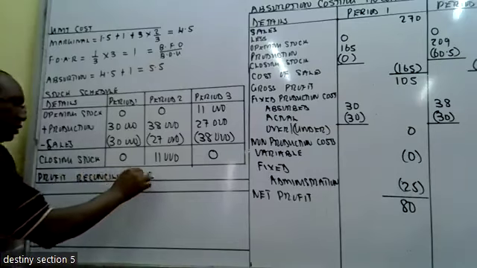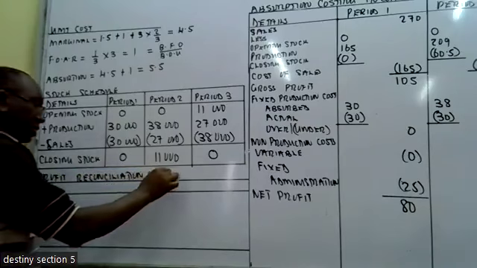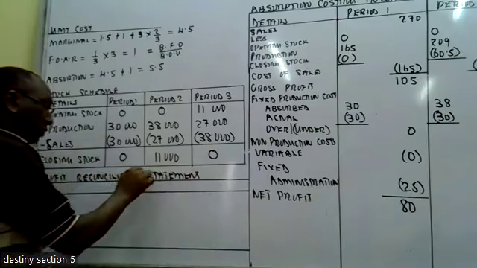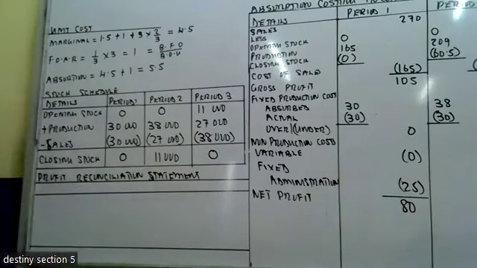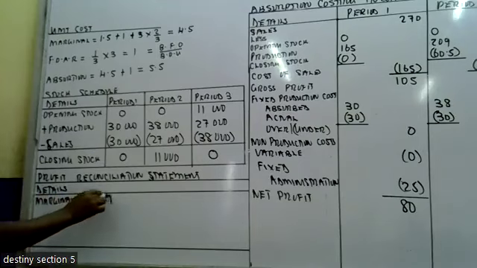Kama ile tulikuwa tunafanya juice. But this one, to give you a format that you just grab. So we begin with the details. We will have marginal costing profits.